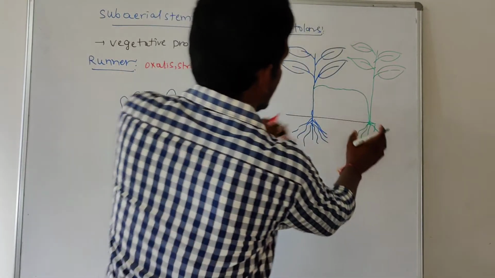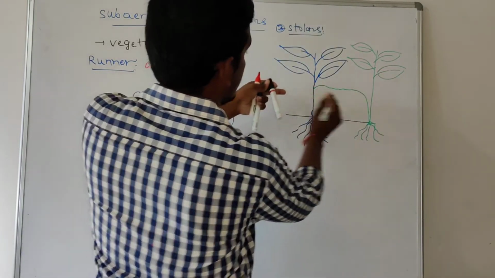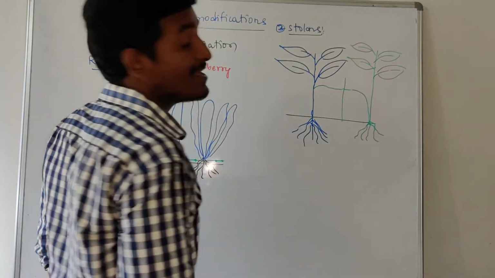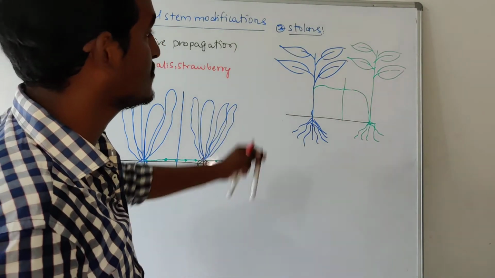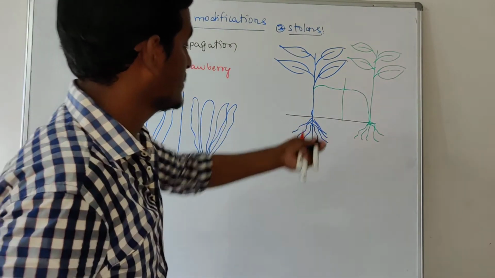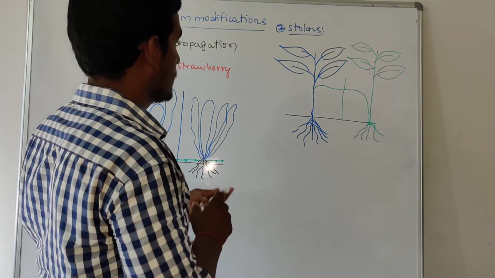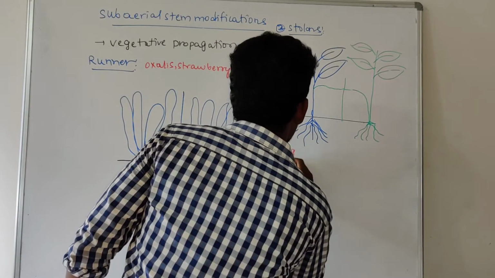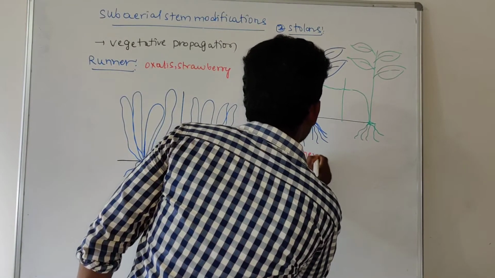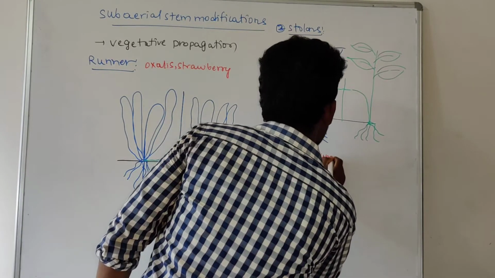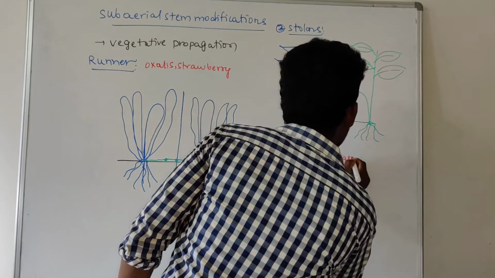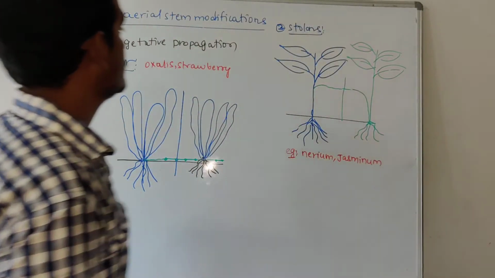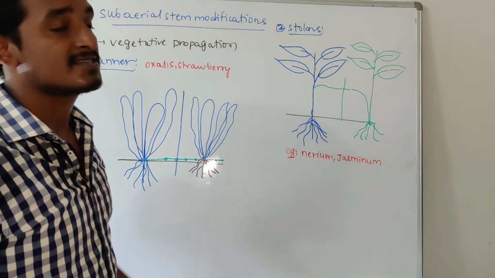When this daughter plant separates from the parental organism, it grows as an individual. So that is the stolon. It helps in vegetative propagation. Examples of stolons are Nerium and Jasminum. So that is about the runner and the stolon.